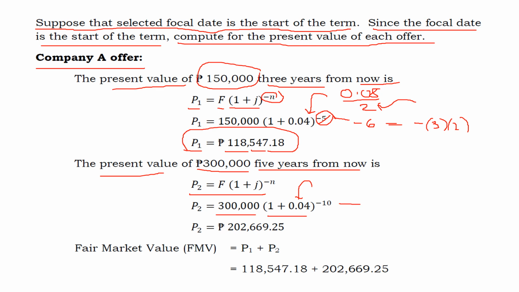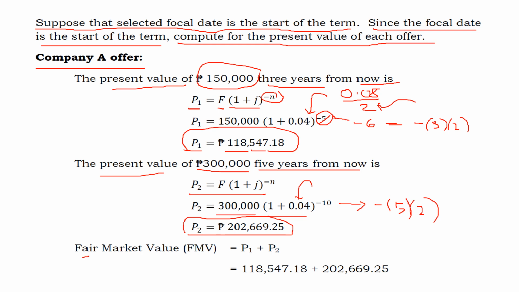And here for the conversion period, it is negative 5 years multiplied by 2, or the number of sets of 6 months in a year. That is 5 multiplied by 2, so it's negative 10. The resulting value for this one is 202,669.25 pesos, and that will be the present value after 5 years.